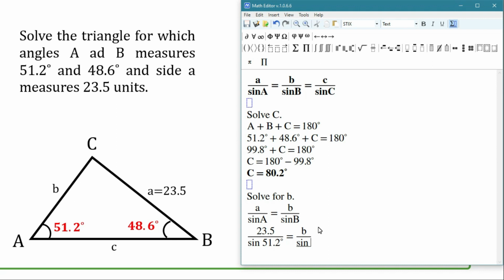So we have over the sine of 48.6 degrees. Okay? And in this sense, para makuha natin yung value ni B, we need to multiply both sides by the sine of 48.6 degrees. So that will yield 23.5 times the sine of 48.6 degrees.